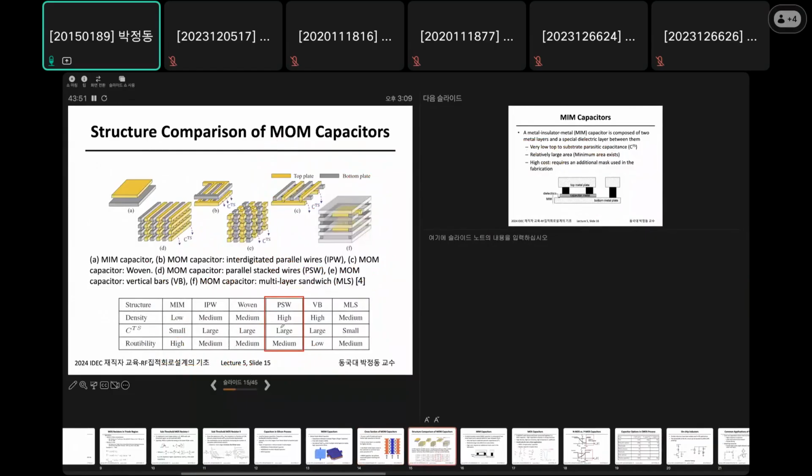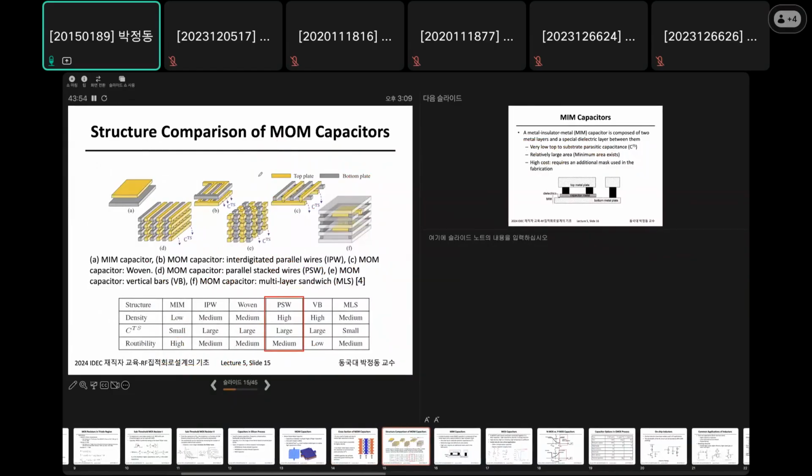Okay, there are several ways of implementing a high density MOM cap, okay? So the most widely used is parallel stacked wires, which gives the highest density and good routability, right?